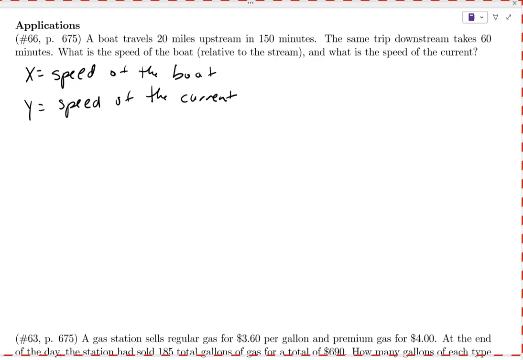Remember, we're doing linear equations, right? What does it mean for an equation to be linear? Let's think about that. We're trying to create a linear equation. What has to be true about your variables in a linear equation? What does it mean to be a linear equation?